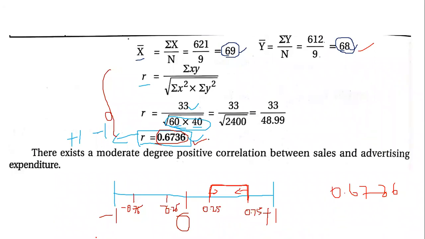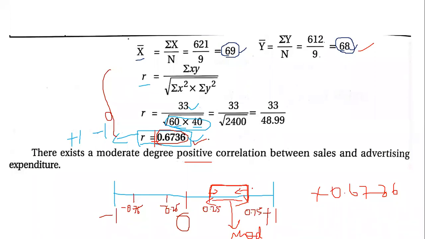Okay, 0.25 and 0.75. So if at all a number belongs to this category, it is called a moderate degree positive correlation. How is it positive? You have a plus number here. It is plus 0.6736. So if it's between 0.25 and 0.75, then it is a moderate degree positive correlation.